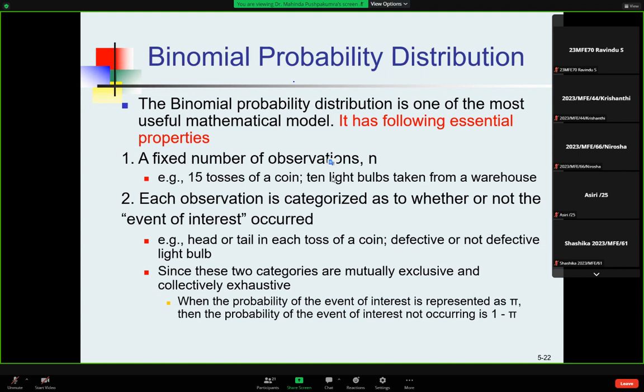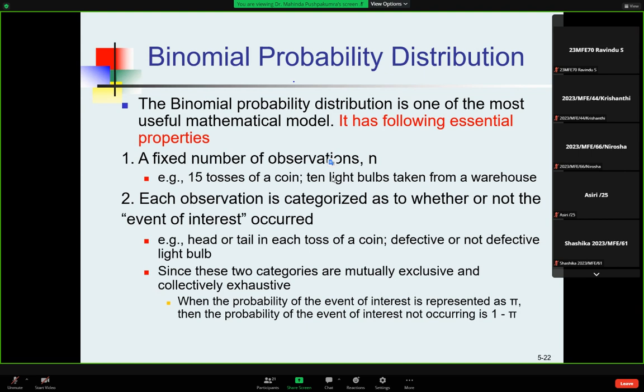As example, 15 tosses of a coin. You toss coin 15 times, then n equals 15. 10 light bulbs taken from a warehouse, then n is equal to 10. Let's say these bulbs you can divide into two: defective bulb and non-defective bulb.